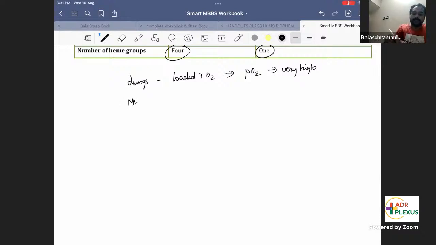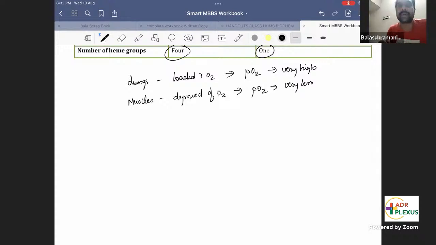And then there are muscles, which, because of working, are deprived of oxygen, which means the PO2 is very low. So there are two scenarios. One is happening in the lungs, the other one is happening in the muscles.